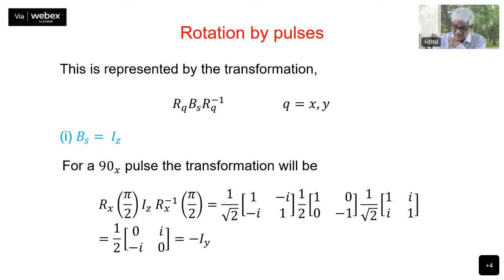Then Iz is half times 1 0 0 minus 1, and similarly the inverse of Rx is 1 by root 2 times 1 i i 1. These are simply rotation matrices, e to the minus i beta, written as the rotation matrix for a one spin system, and that will be represented in this manner. So this gives me minus Iy. The X pulse acting on the Z axis gives you minus Iy.